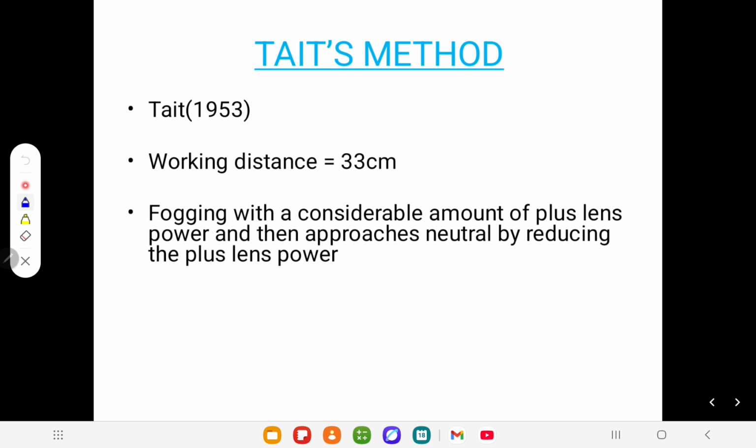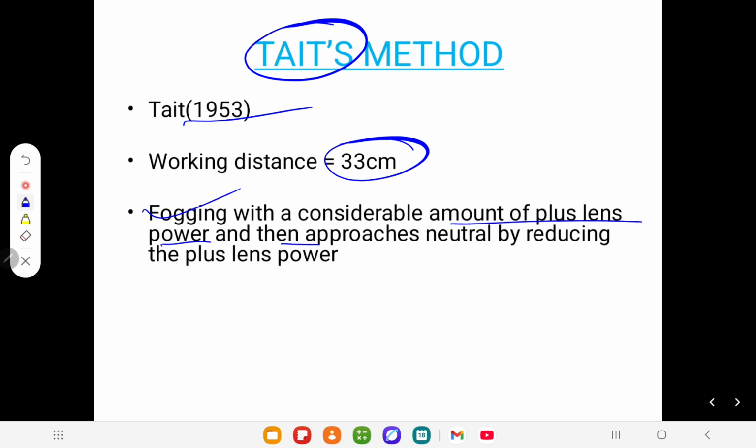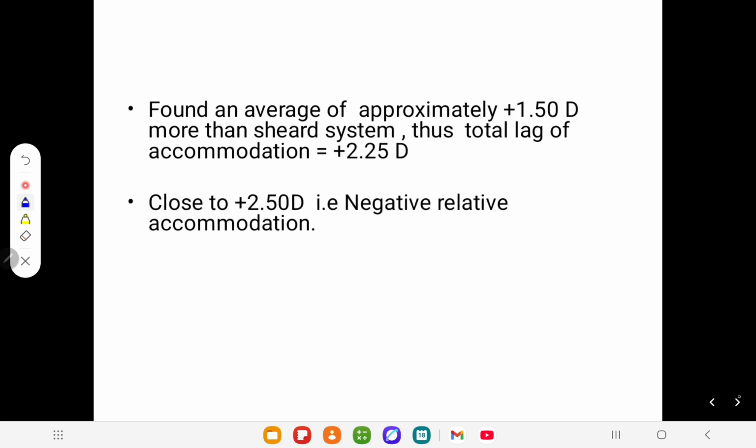That's the concept. Another person who is very famous is Tait, with the Tait method, 1953. The working distance is 33 centimeters. That's why there is fogging with a considerable amount of plus lens power, and then the approach to neutral is by reducing the plus lens power. Basically, a high amount of plus power is added in Tait's method.